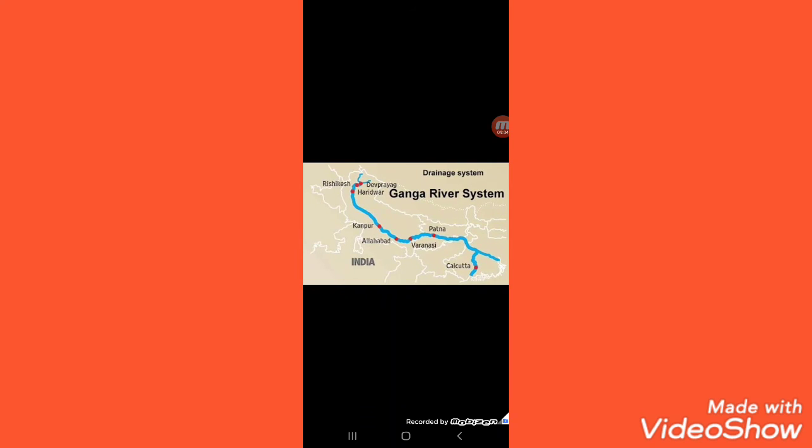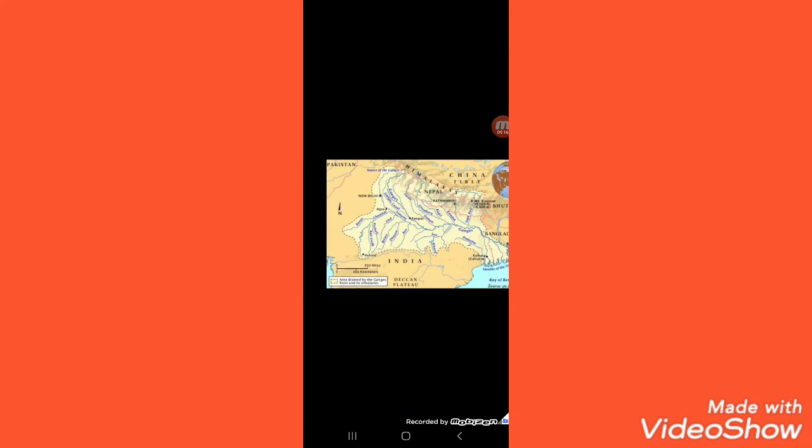See there, the Ganga river starts from Rishikesh, Devaprayag, Haridwar, and it flows along Kanpur, Allahabad, Varanasi, Patna, and Calcutta. This is our Ganga river system. So this is the end of the discussion of the northern plains of India.